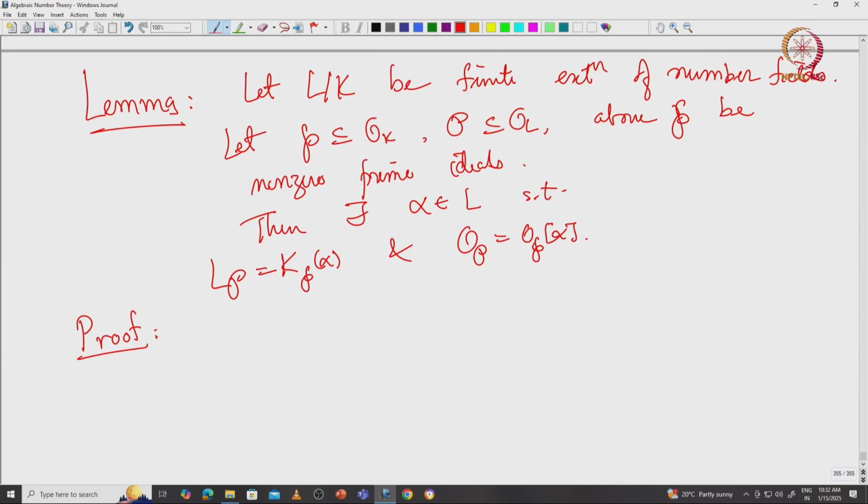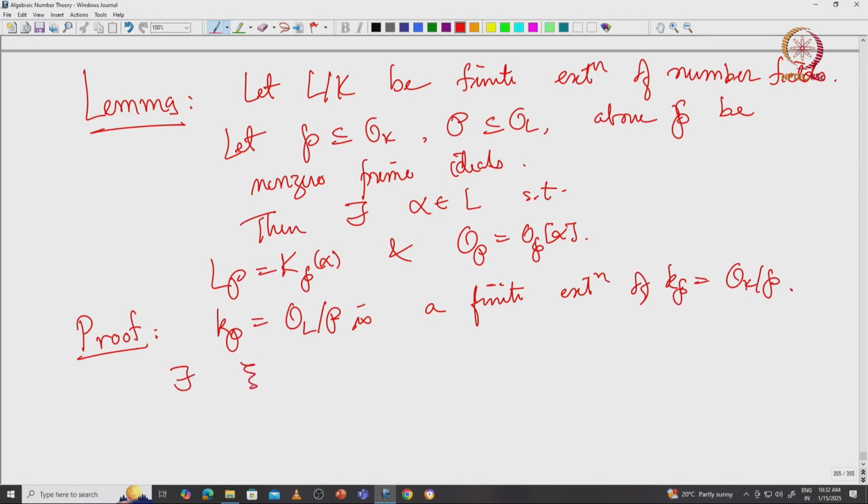So, what you do is you look at K_P, this is O_L mod P, which is a finite field, a finite extension of K_p, which is O_K mod p. So, there exists xi in K_P such that K_P is K_p(xi).